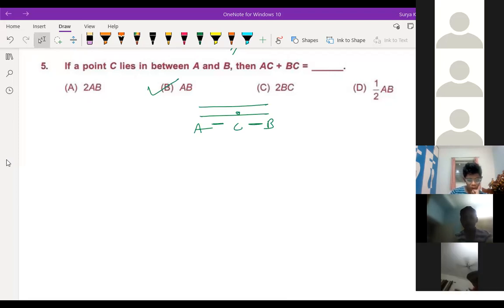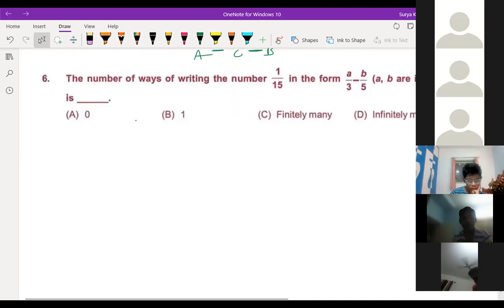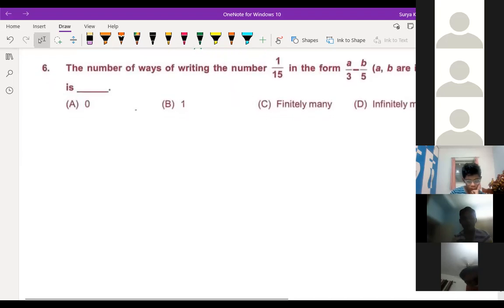So next is question number 6. The number of ways of writing the number 1 by 15 in the form of A by 3 minus B by 5 is infinitely many. How? It's a linear equation in 2 variables, so it has infinitely many solutions.